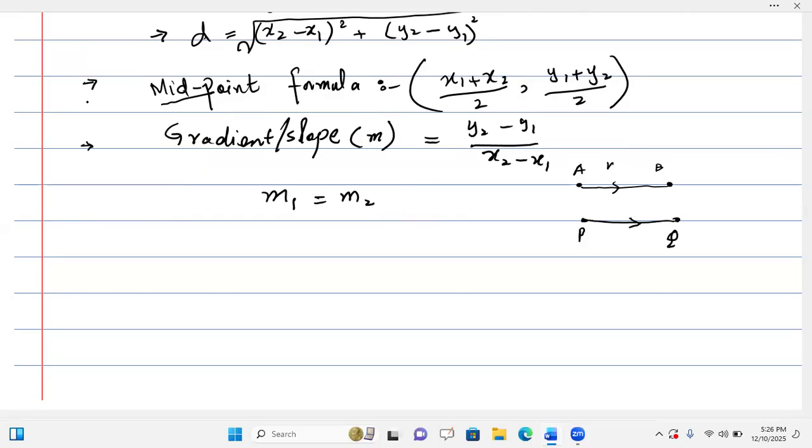The gradient of line AB I say is M1, and the gradient for line PQ is M2. When both lines are parallel, their gradients are equal.